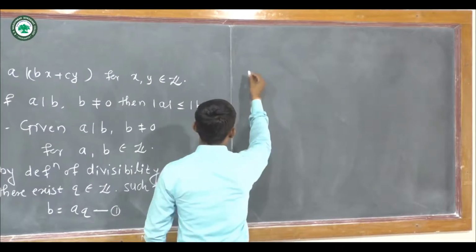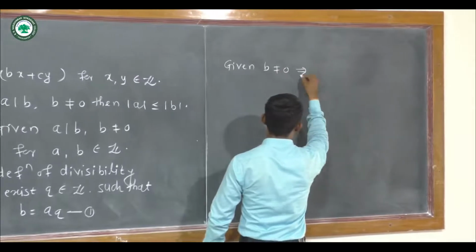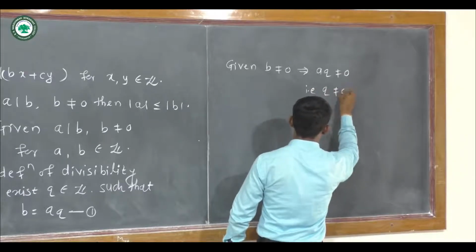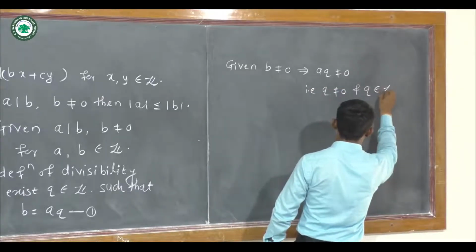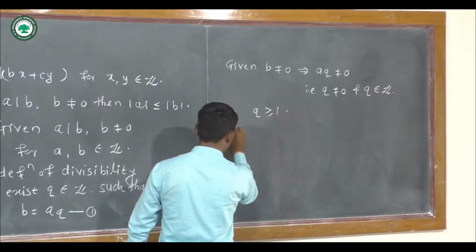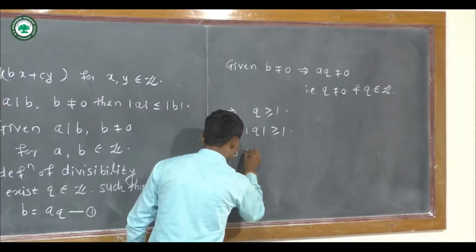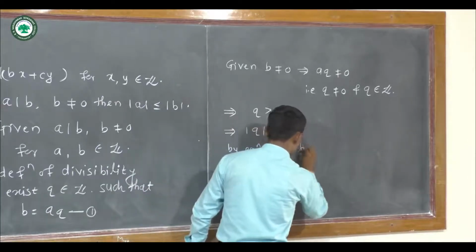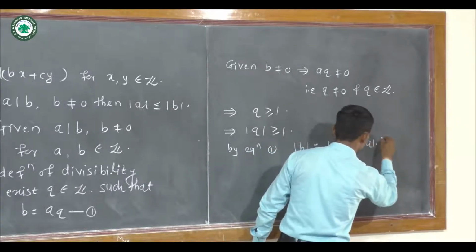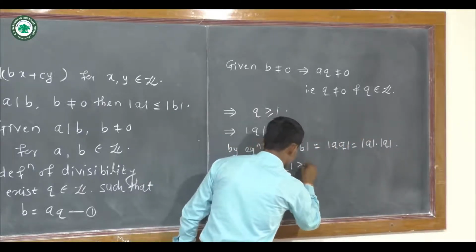Now here given b is not equal to 0 implies a into q is not equal to 0, that is q is not equal to 0 and q belongs to z. So q is greater than or equal to 1 implies the absolute value of q is greater than or equal to 1. Now by equation 1, the absolute value of b is equal to the absolute value of a into q, which is equal to the absolute value of a into the absolute value of q, but the absolute value of q is greater than or equal to 1.